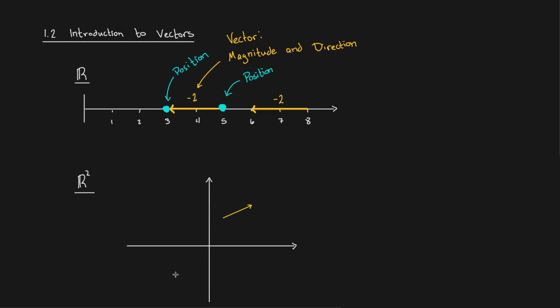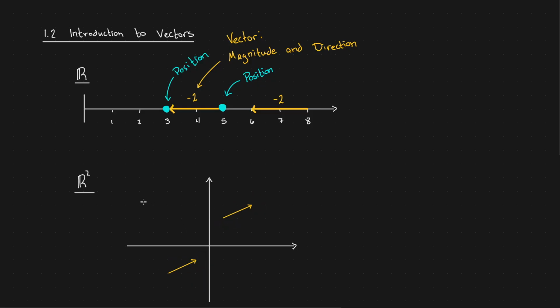Well, I could take, if I draw the same thing here, that vector has the same magnitude, it is pointing the same direction, and therefore it is the same vector that I drew here. These two vectors are the same.